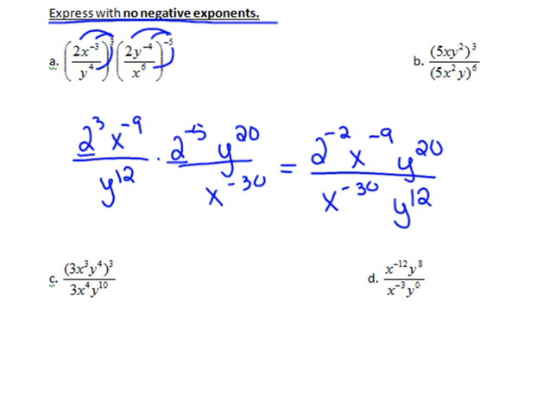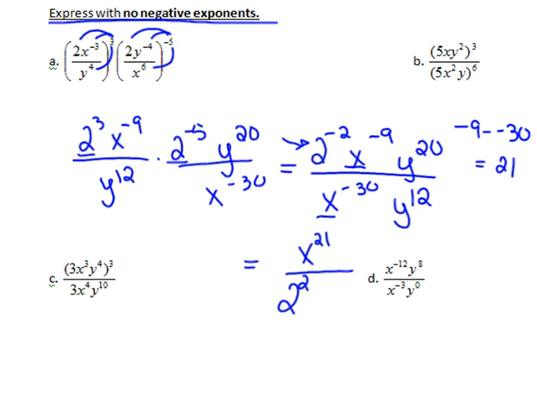Okay, so again, we have the same base x here. We can subtract our exponents. If we do the top minus the bottom, we'll have negative 9 minus a negative 30. So that's going to give us positive 21. And because we started our subtraction in the top, we'll have x to the 21. So we don't want any negative exponents, remember, so we can move this 2 to the negative 2 into the denominator with a positive power of 2.